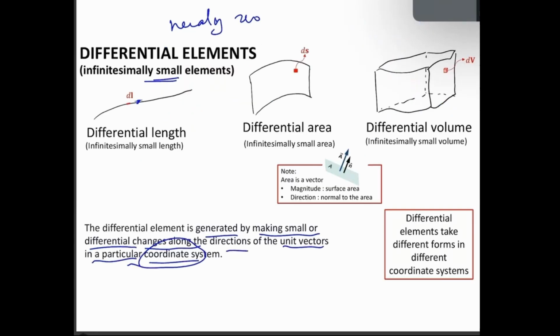So the definition of a differential element is that it is generated by making small or differential changes along the direction of a unit vector in a particular coordinate system. Small changes, this is d.